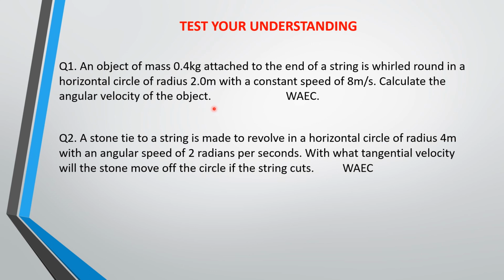Calculate the angular velocity of the object. This is more or less like what we just solved. The second one: a stone tied to a string is made to revolve in a horizontal circle of radius 4 meters with an angular speed of 2 radians per second. With what tangential velocity will the stone move off the circle if the string cuts?